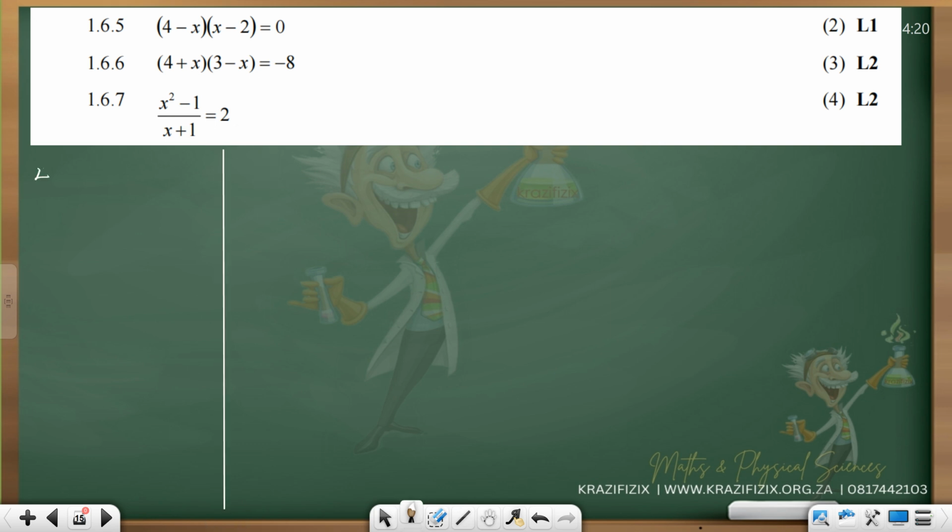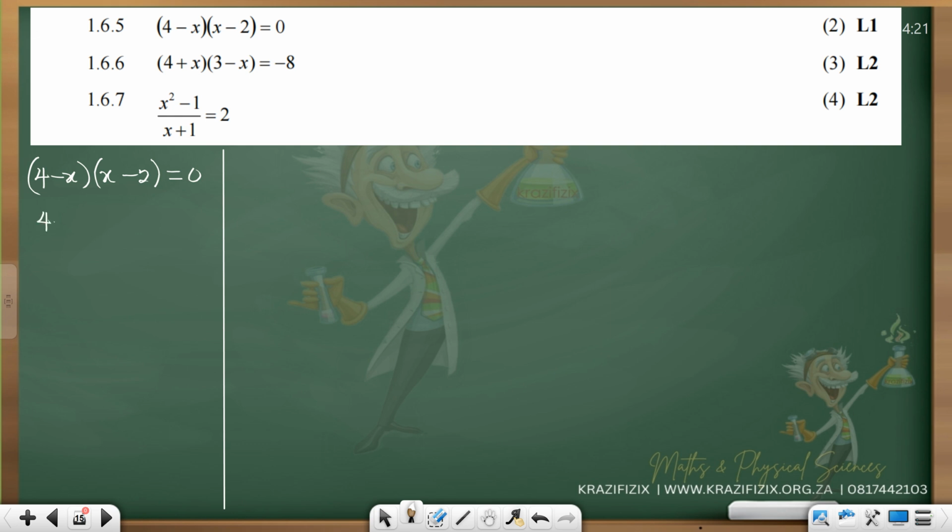All right, 4 minus x. With this case, there is no need to expand anymore. Why? The right hand side is also a 0.